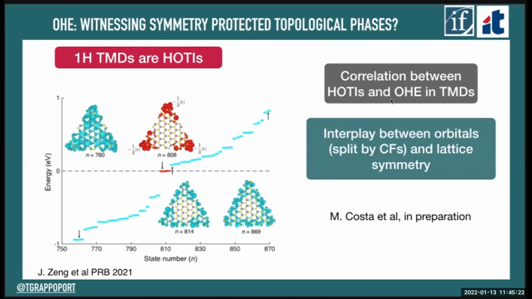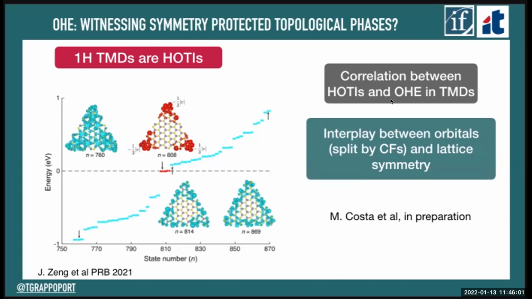For a long time, we knew that the orbital Hall effect was a result of the interplay between the orbitals and the lattice symmetry. But now we have evidence that the orbital Hall plateaus in insulators are actually witnessing the higher-order topological states in 2D materials, because we are doing our work considering a very large amount of data, where we see that the orbital Hall effect can witness a higher-order topological state in a 2D material.